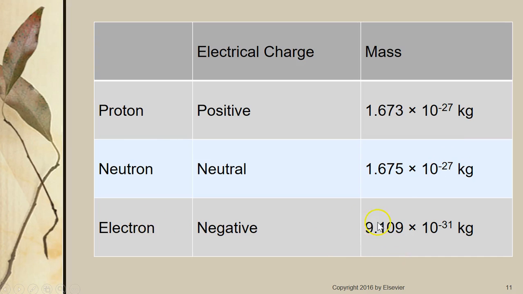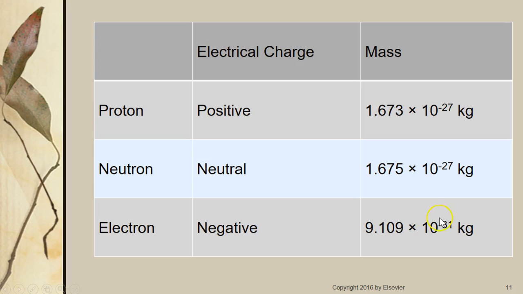Now, the electron is a 9, so if you only look at that number, you think that the mass of the electron is more, but you would be wrong, because you need to come over here to the negative 31, and that means it's even further to the left of 0, and the further left of the 0 means it's even lighter. It has less mass.